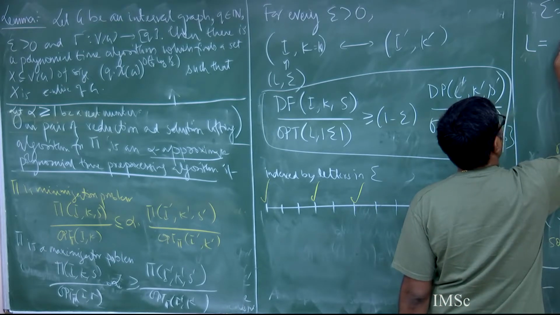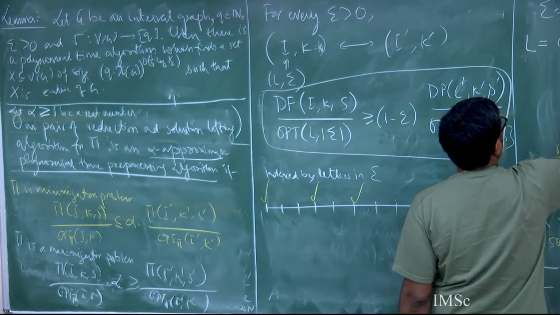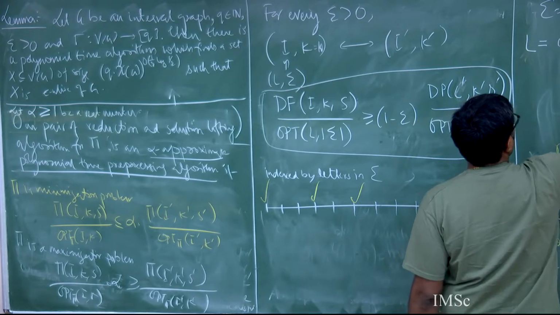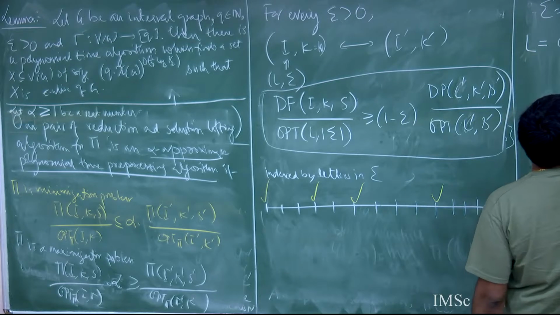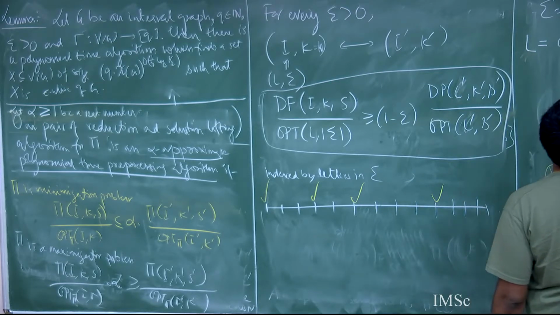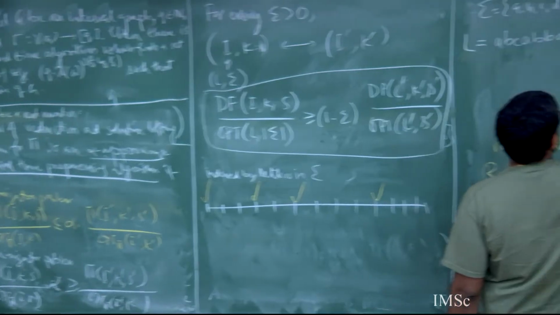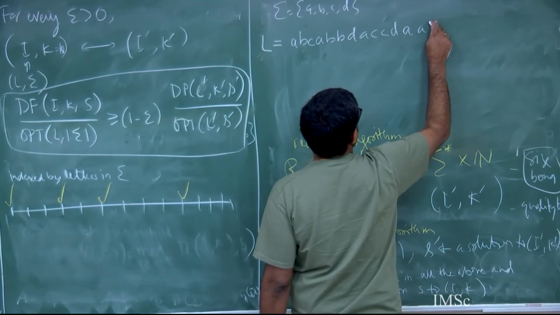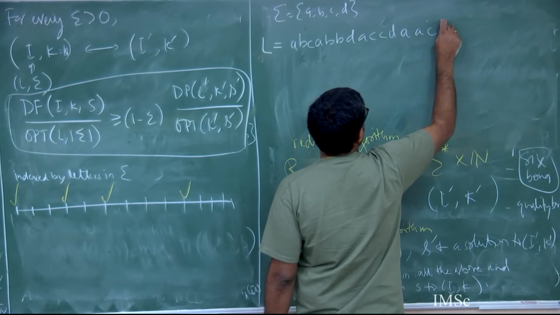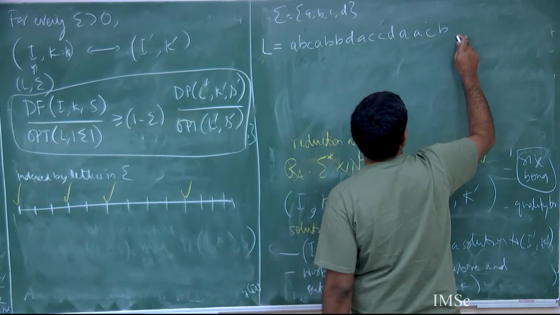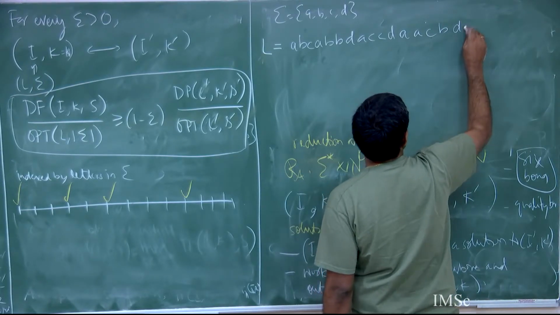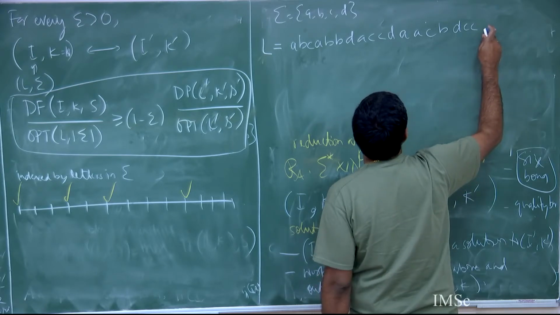So A, B, C, A, B, B, E, A, C, C, then another D, A, then C, B, then D, double C. One more letter is allowed.